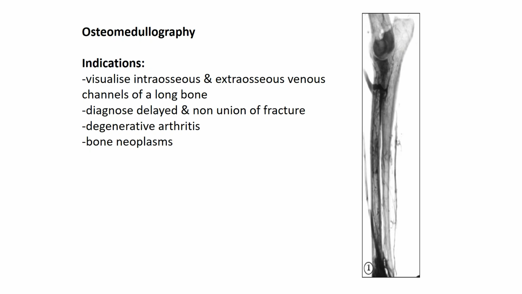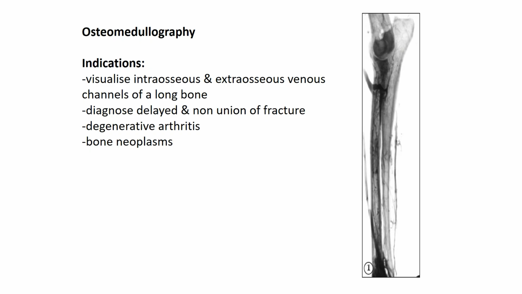For performing osteomedullography, you can sedate and/or anesthetize the animal, prepare the site for aseptic surgery, make a small incision at the preferred site, and drill the bone with the help of an intramedullary pin, bone driller, or a drill bit.